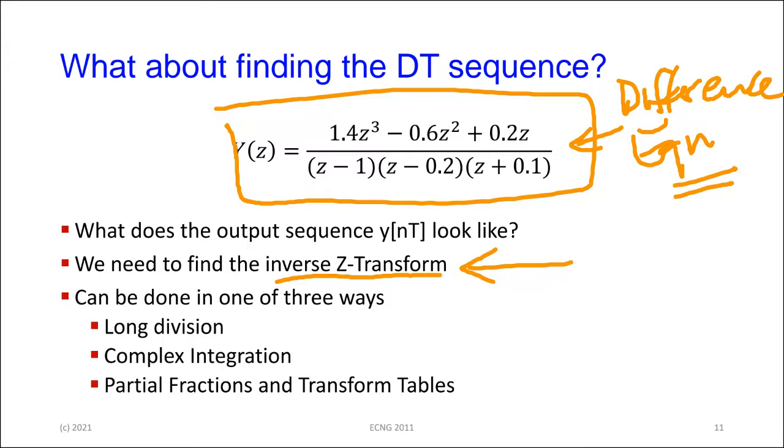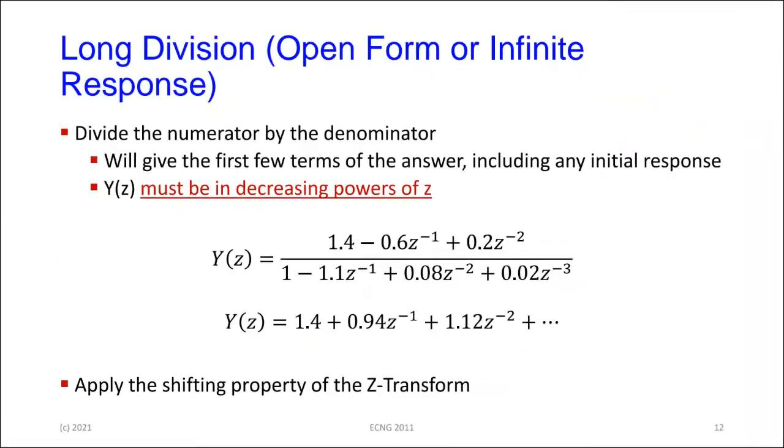And there are three ways we can do that with the Z transform. One is doing long division, which doesn't exist for any of the other transforms. Two, complex integration, which exists for the other transforms, but we don't tend to use it too much. And the other one, partial fractions and tables, which is what we have been doing for both the Laplace and the Fourier transform.